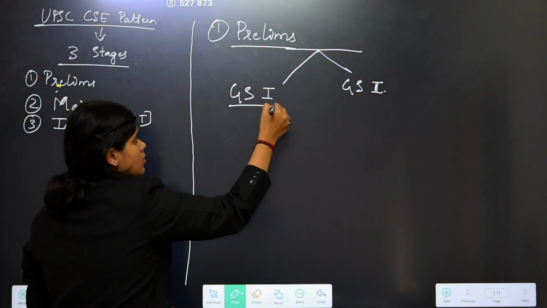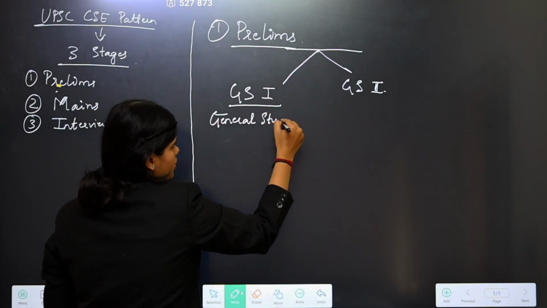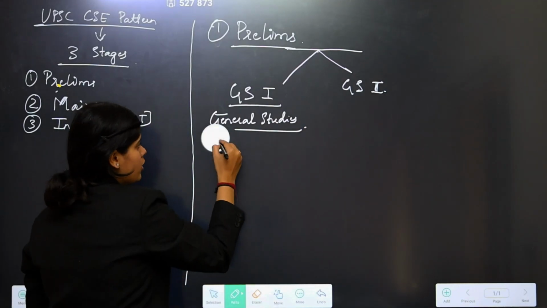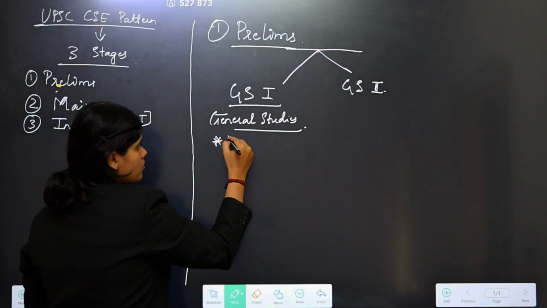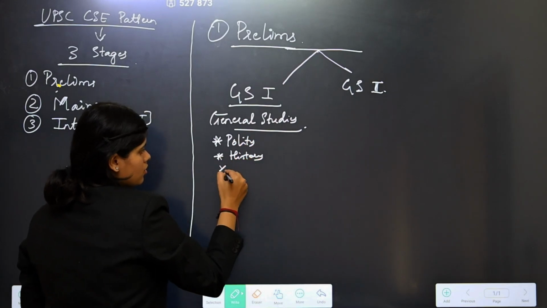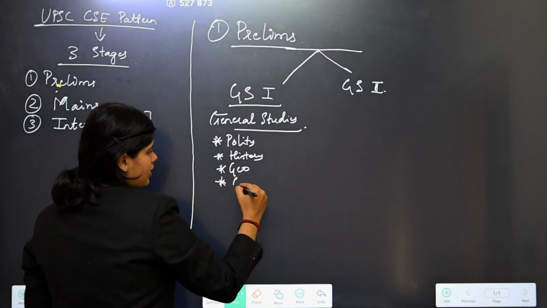GS1 is your general studies paper. You will have subjects such as your polity, history, geography, then your current affairs.